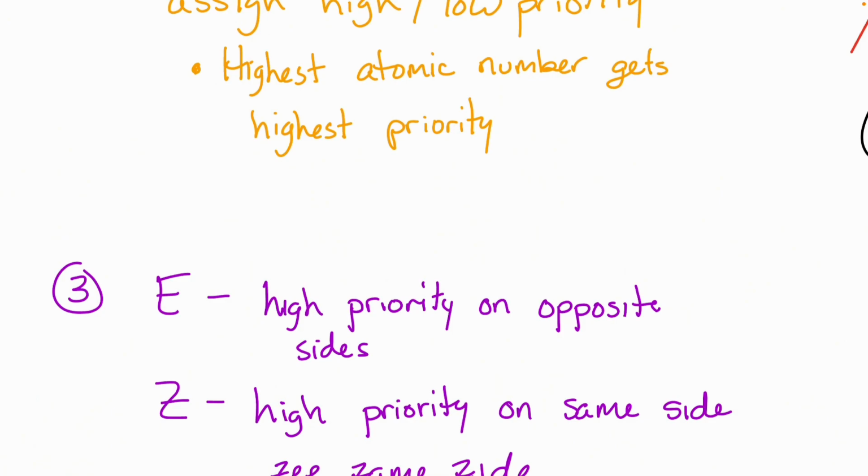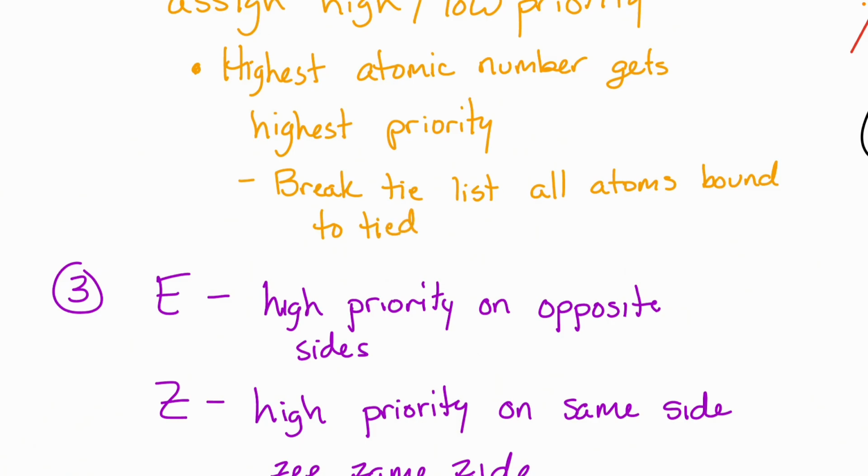So what we're going to do is list everything that's bound to those tied atoms. Okay? So in order to break a tie, list all atoms bound to the tied atoms.